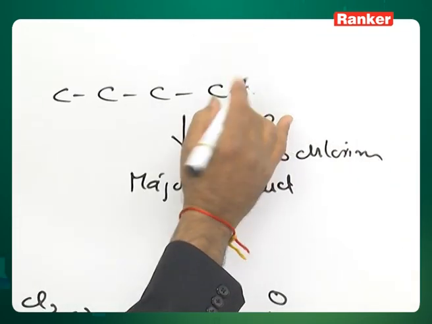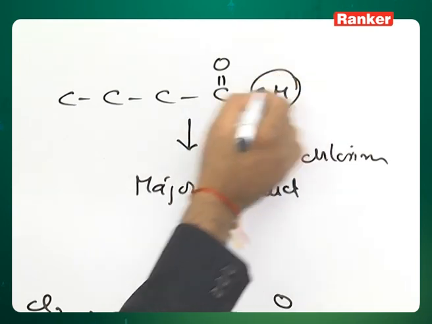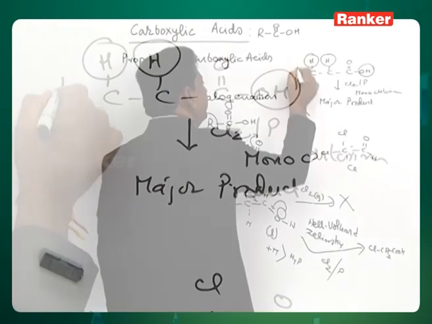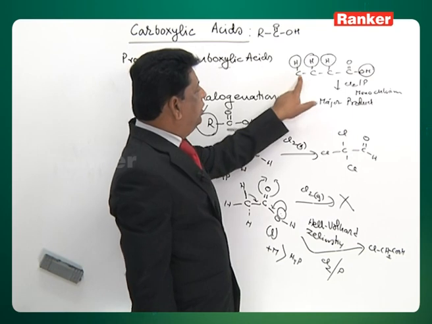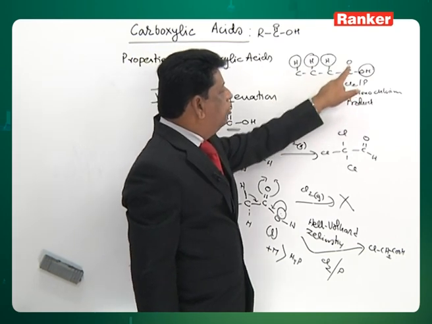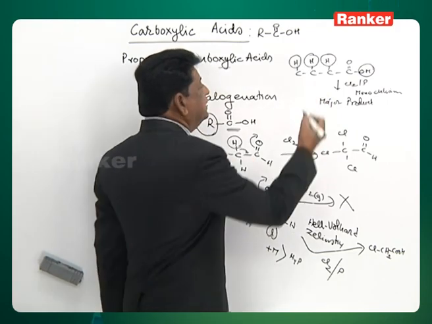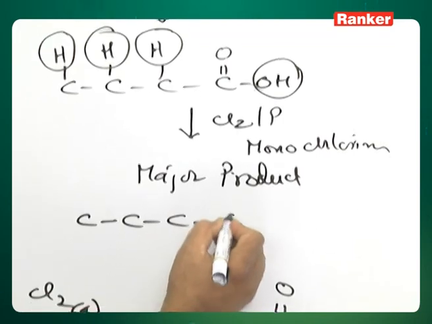You can get one more product also, wherein this OH also can be replaced. So I have now 4 products: 4-chlorobutanoic acid, 3-chloro, 2-chloro, or butanoyl chloride. Out of these, the major one, the right answer, is 2-chlorobutanoic acid.